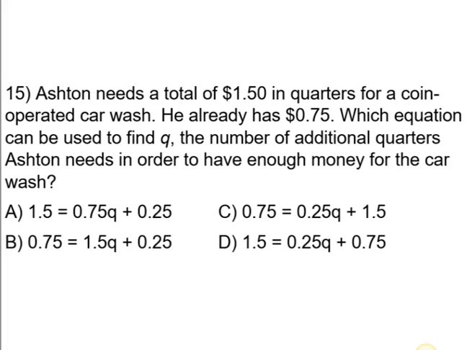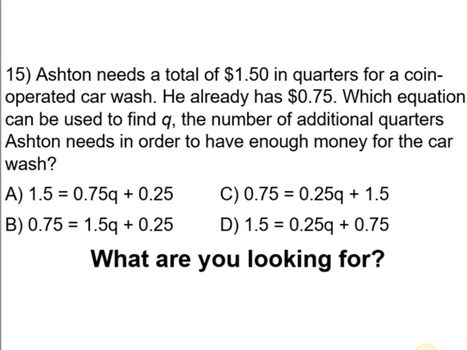A, 1.5 is equal to 0.75 Q plus 0.25. B, 0.75 is equal to 1.5 Q plus 0.25. C, 0.75 is equal to 0.25 Q plus 1.5. And D, 1.5 is equal to 0.25 Q plus 0.75.